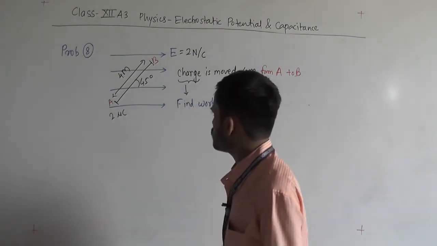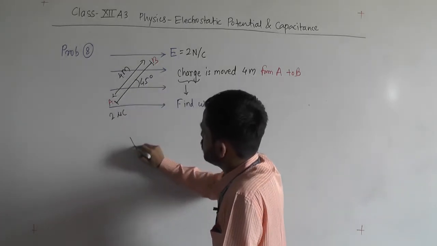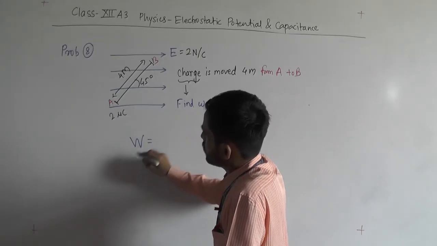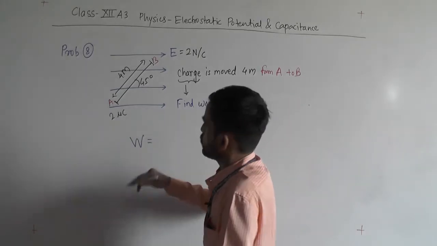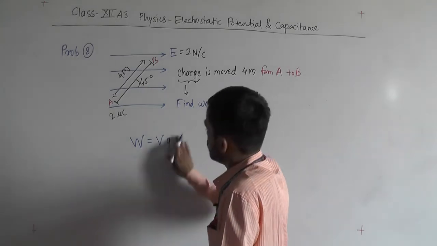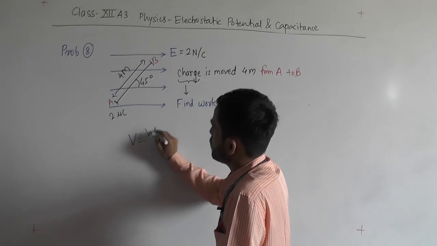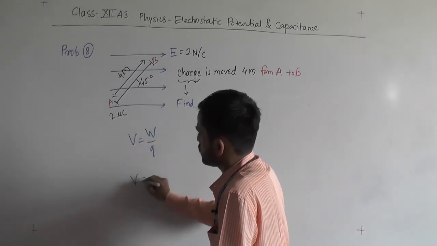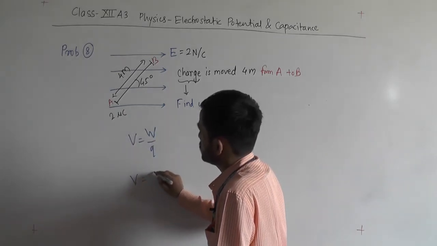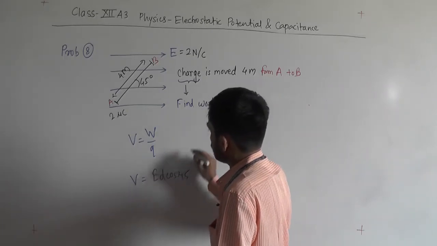Find work done. Nothing, to go from here to here, W work done happened, so V is equal to W upon Q, so W will be VQ, correct? But we need only V because you have to find V. V is equal to W upon Q and V is equal to ED cos 45.